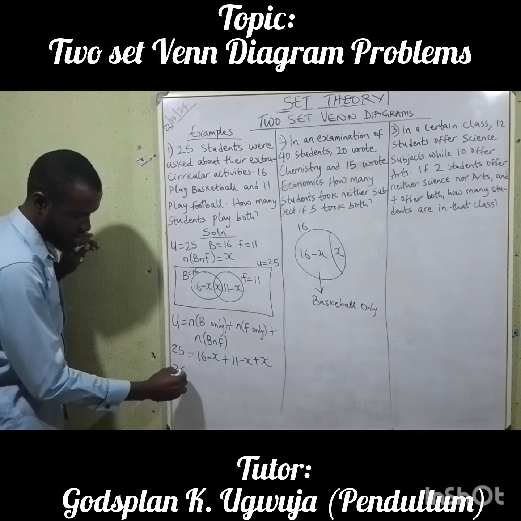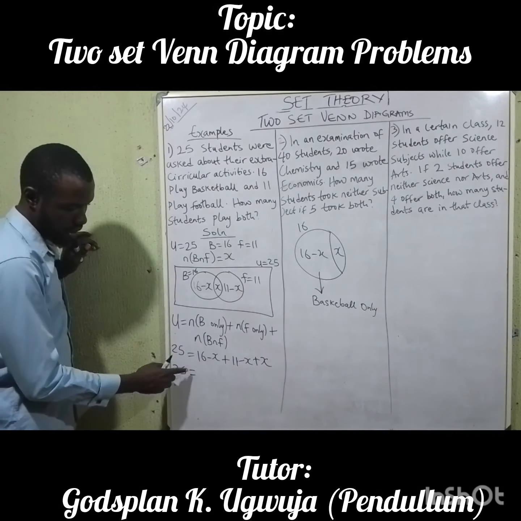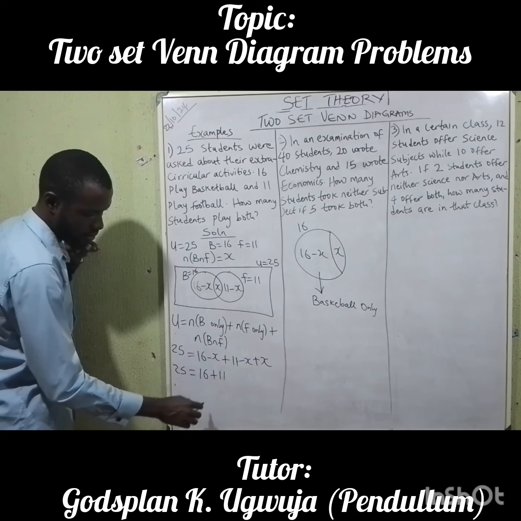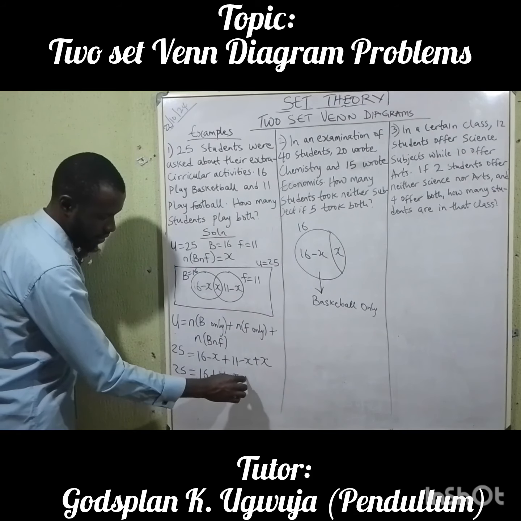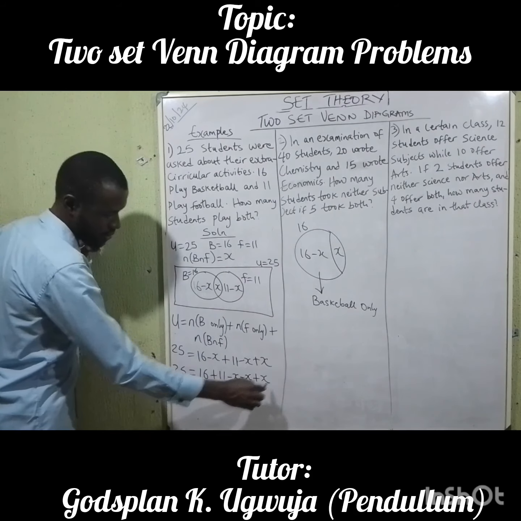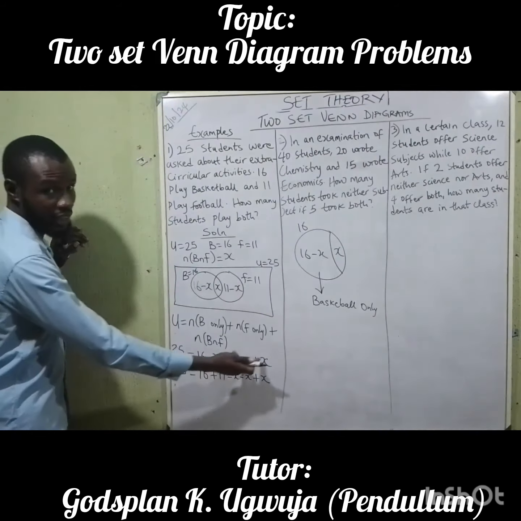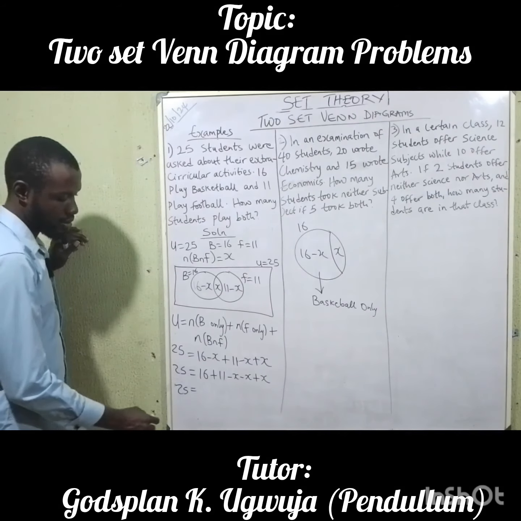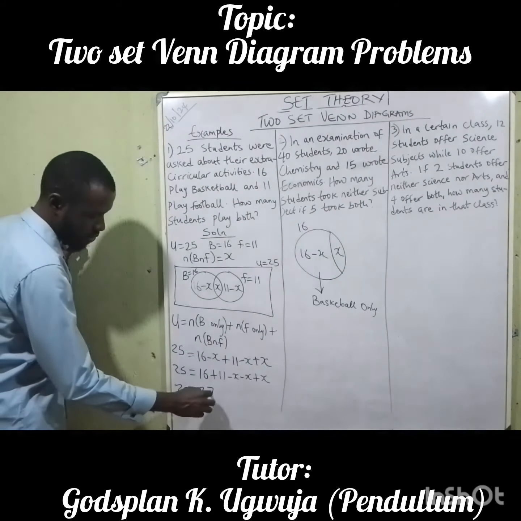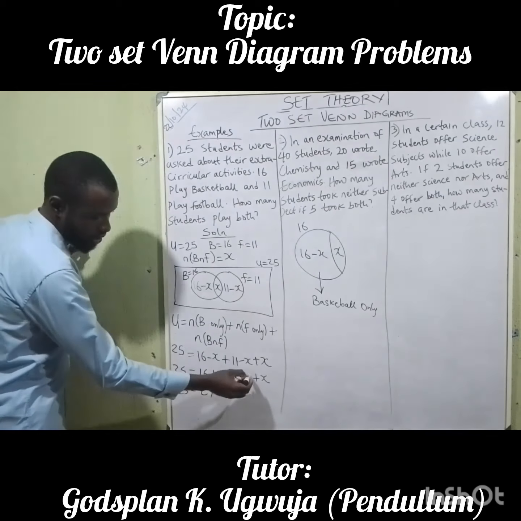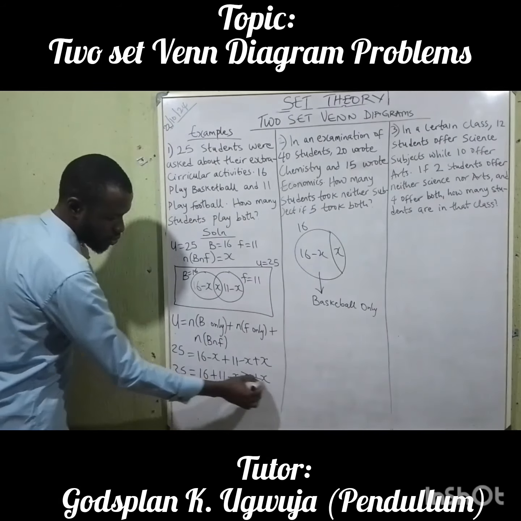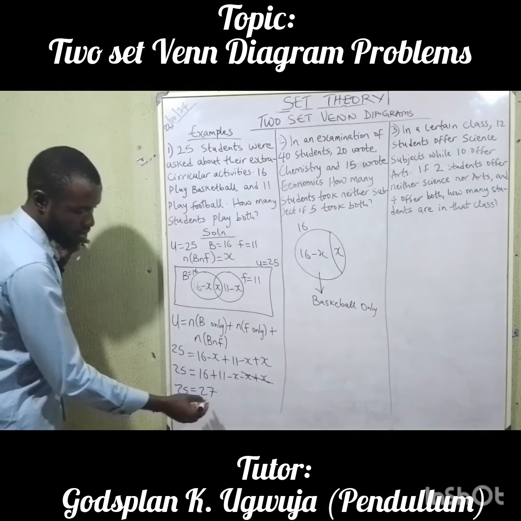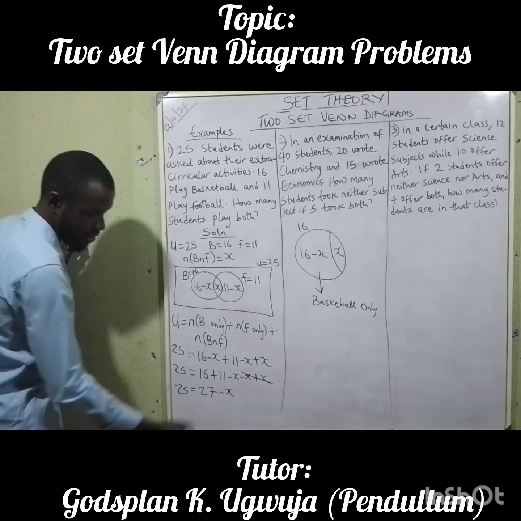Now if we go on, 25 is equal to, let me rearrange this, 16 plus 11, then minus x plus x. 16 plus 11 should be 27, minus x plus x will cancel out. Minus x plus x is 0, so I'm only left here with minus x.